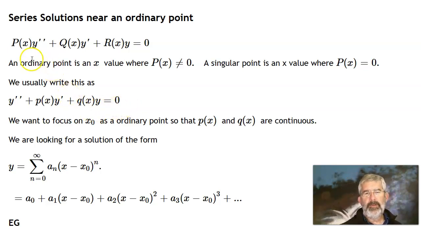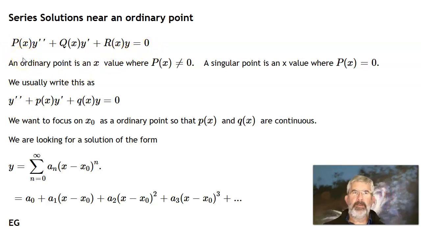So although this is the general way of writing a second order homogeneous equation, the existence and uniqueness theorems apply to this form of it, so that you've got to take the capital P of x here and divide everything by it.